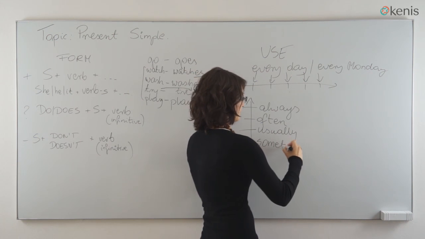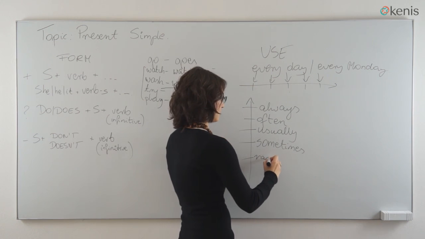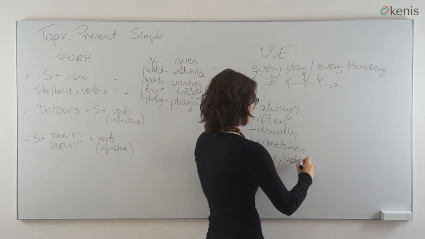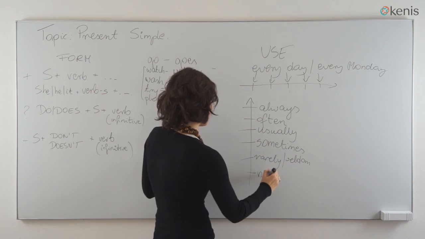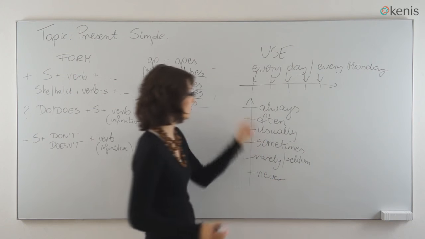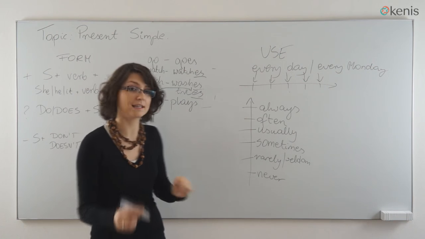Sometimes, czasami. Rarely or seldom, rzadko. And the least frequent would be never. Okay, always, often, usually, sometimes, rarely or seldom and never.